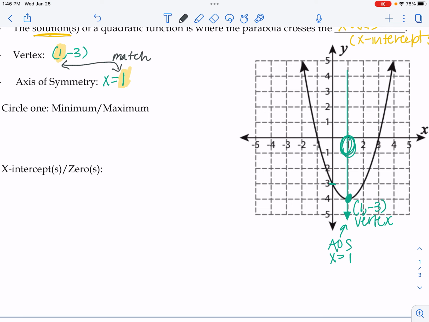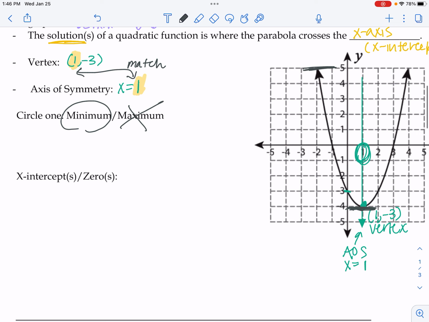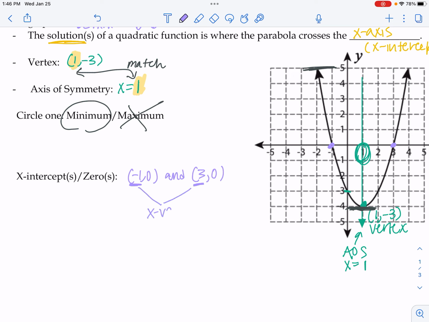Okay, and then because this is the bottom of the box, this is our minimum. There's no top of the box, so there's no maximum. And then the x-intercepts are at -1 and 3. And so remember, x-intercepts are x values when y is 0.